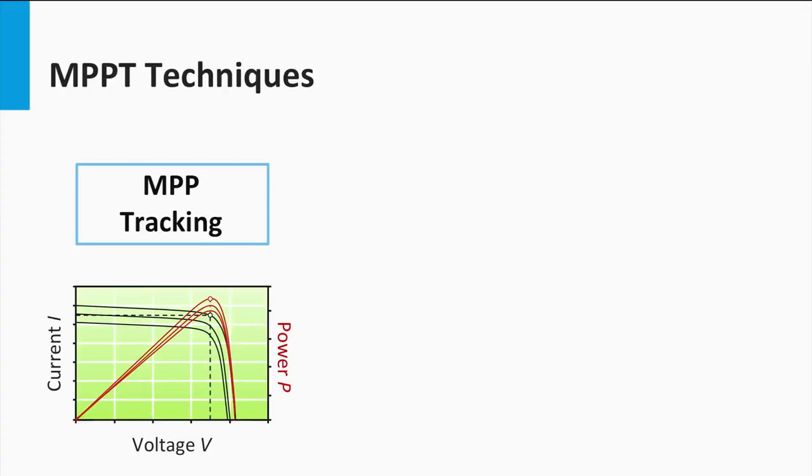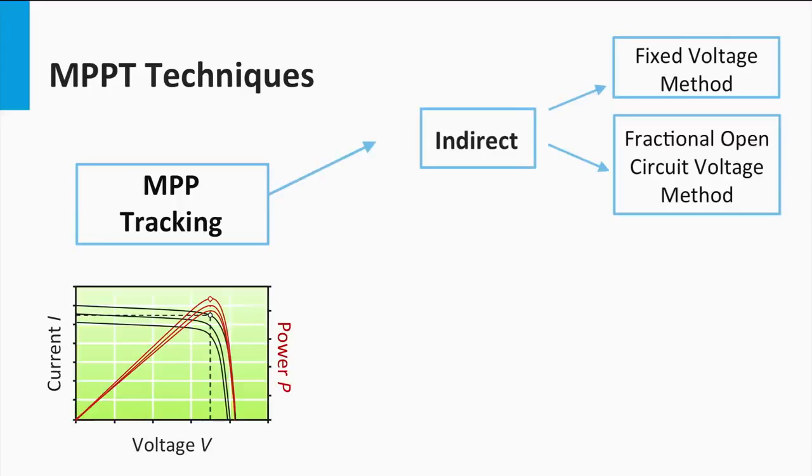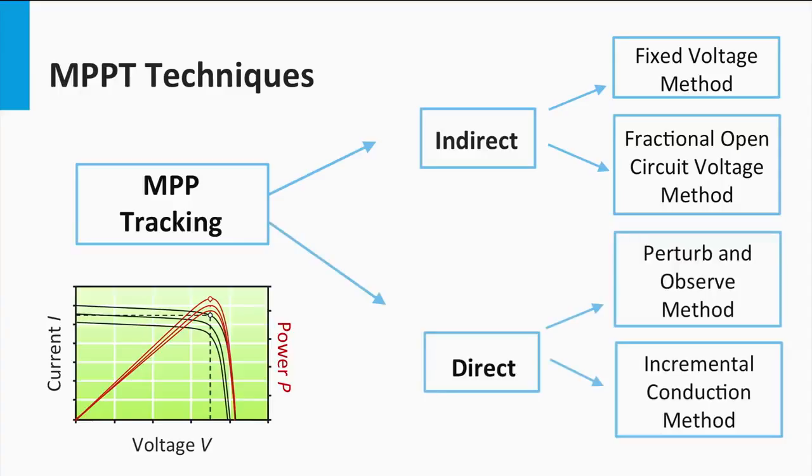Some of the modern literature talks about two broad categories of MPPT techniques. Indirect MPPT tracking, like fractional open circuit voltage method, or direct MPPT tracking, like the perturb and observe method or the incremental conductance method. Each of these techniques have their own advantages and disadvantages.